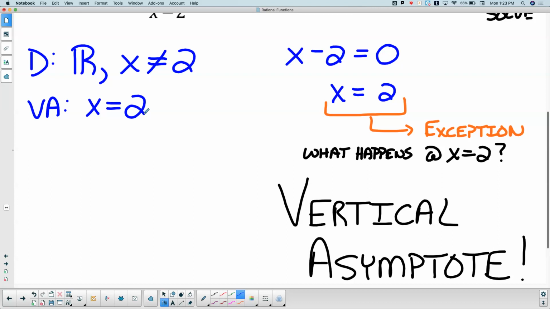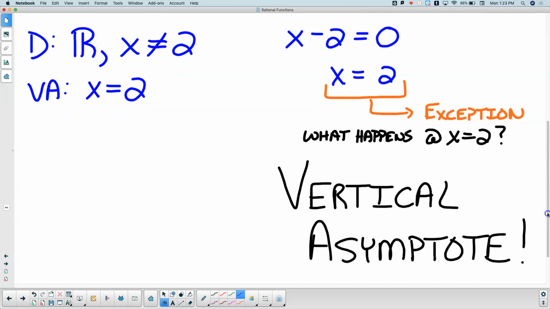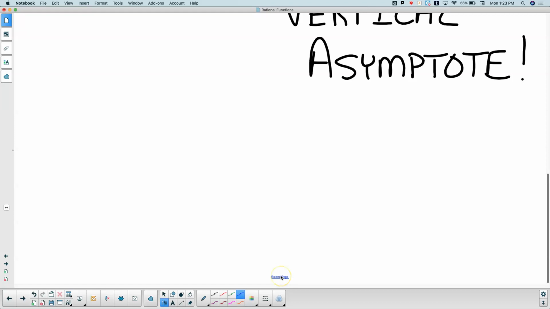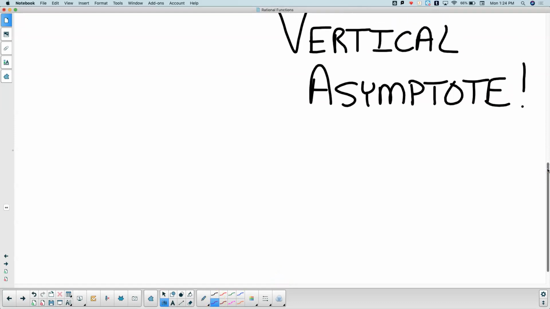Couple of notes about vertical asymptotes. First, vertical asymptotes are lines. Which means if I ask you for a vertical asymptote in this particular case and you reply with 2, you are wrong. Because 2 is a number. Vertical asymptotes are lines.